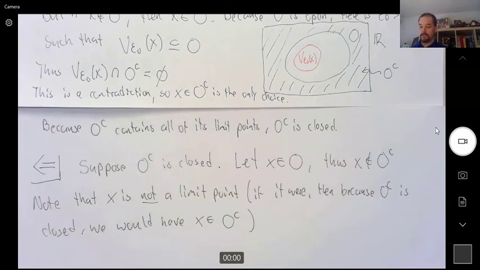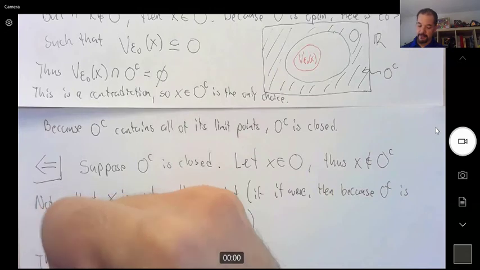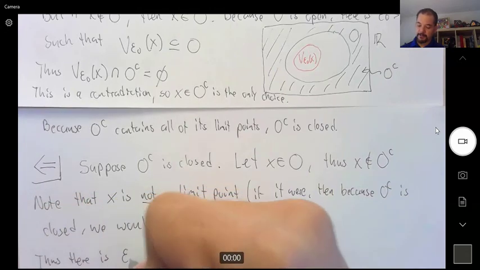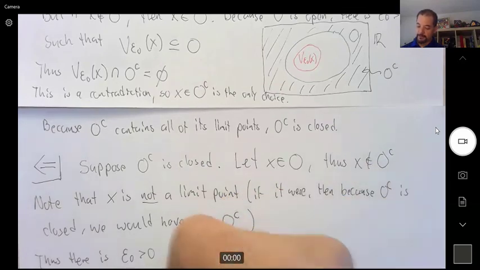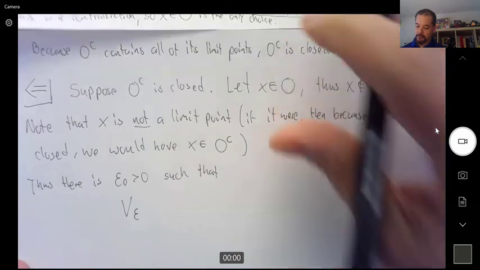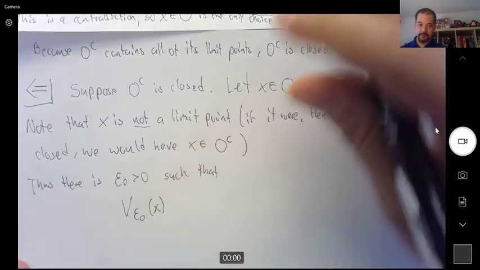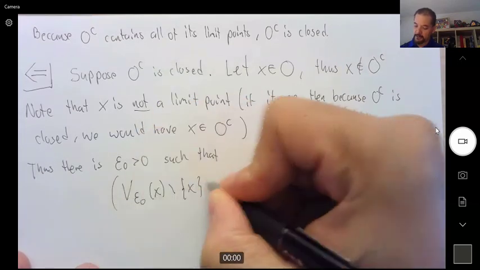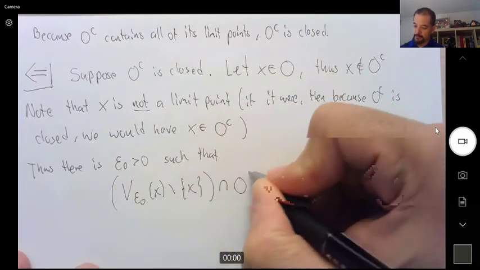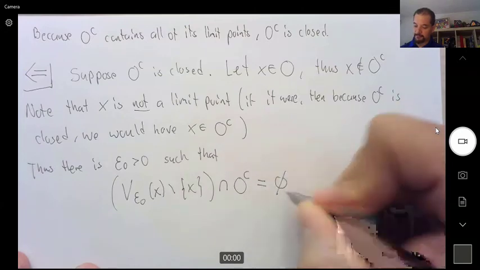Well, the definition of being a limit point is that the intersection of the neighborhood without X with the set is non-empty for every epsilon. So not being a limit point means that there is some epsilon zero greater than 0, such that the epsilon zero neighborhood centered at X, take away X, when we intersect that with O complement, is empty, right?